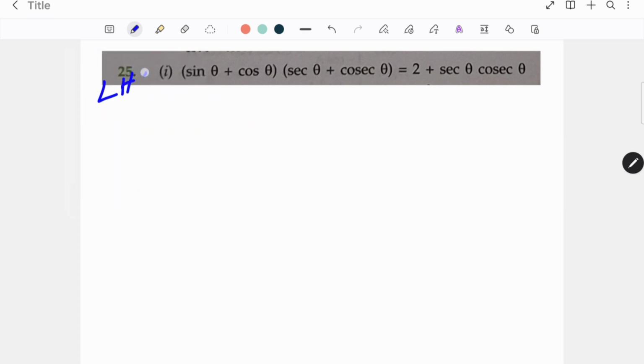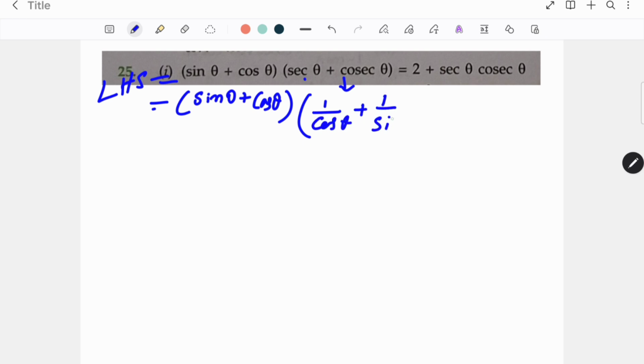We'll start with the LHS. First, this sin theta and cos theta will keep as it is, no change. This bracket will split. Sec means 1 by cos, and cosec means 1 by sin. Next, what we'll do? This one as it is will keep, sin theta plus cos theta.